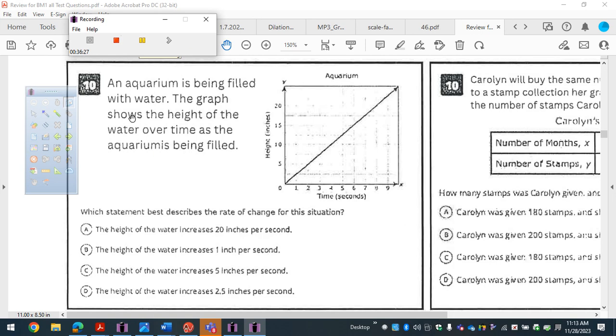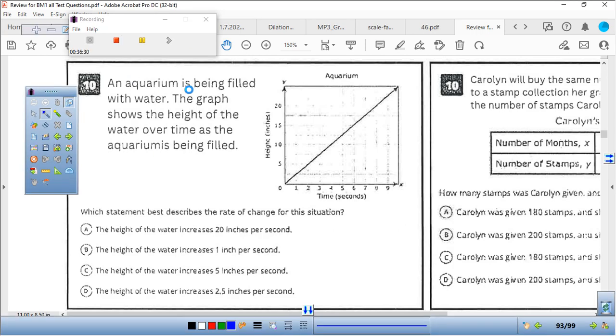Okay, so on this one here, an aquarium is being filled with water. The graph shows the height of the water over time as the aquarium is being filled. Okay, which rate of change? Another word for rate of change is slope. What's your slope? So basically you get 2 points. And thank God that's a coordinate there. So I'm going to use 0, 0.